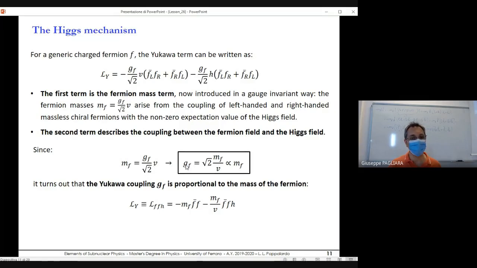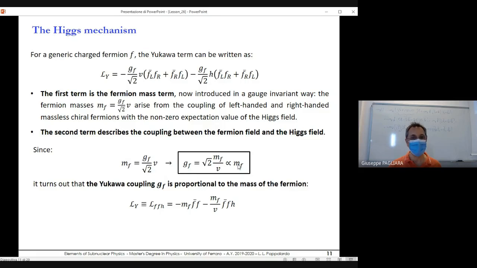And one can also invert this and extract this g_f coupling constant, which is the coupling of any fermion f with the Higgs field. So this g_f constant gives you the intensity of the interaction between any fermion and the Higgs field. And if you just invert this formula, you find that this coupling is proportional to the mass of the fermion.